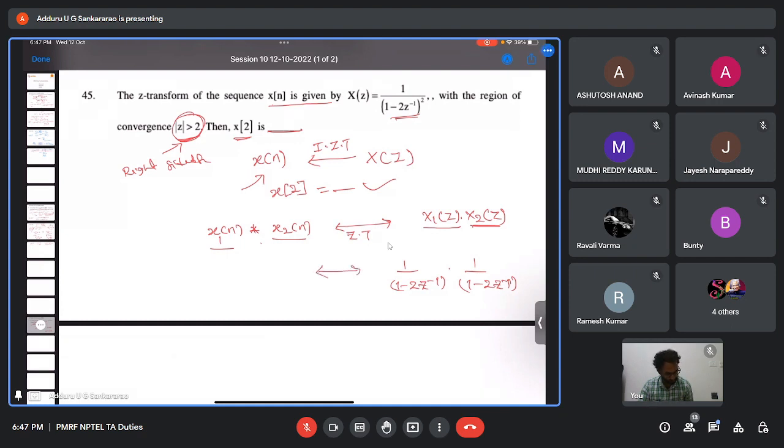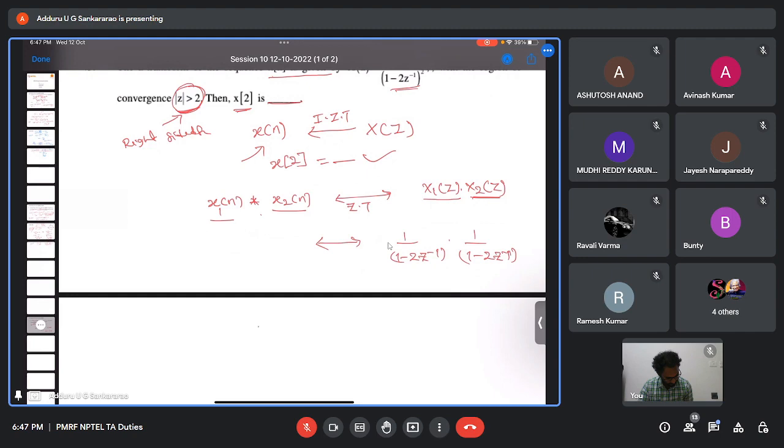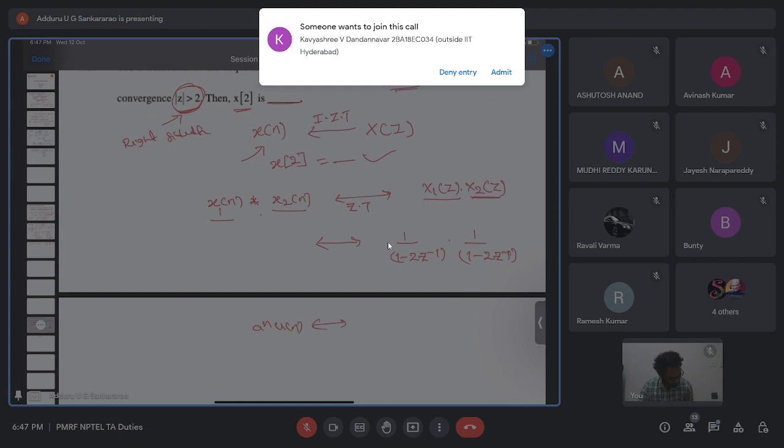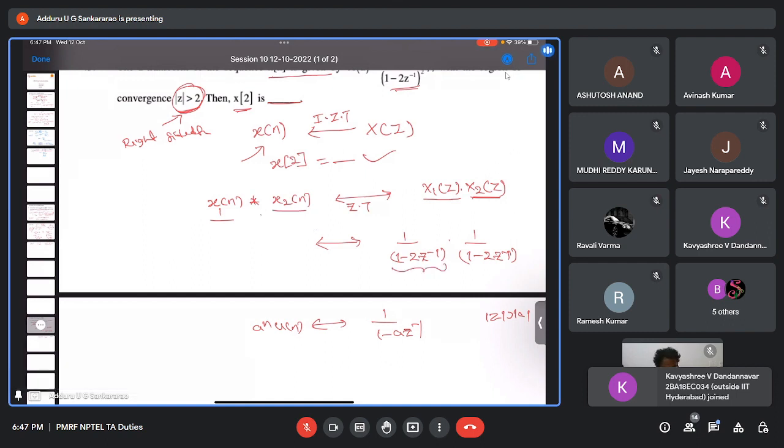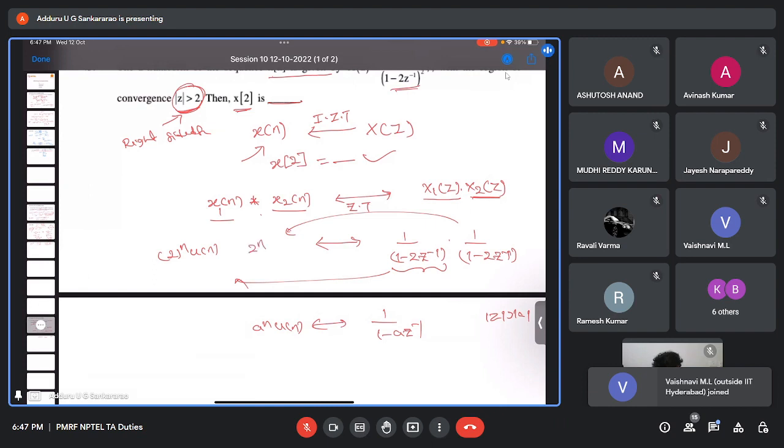You know, since a power n u of n has z transform 1 by 1 minus a z inverse when mod z is greater than mod a, similarly here the inverse z transform for each is 2 power n into u of n.